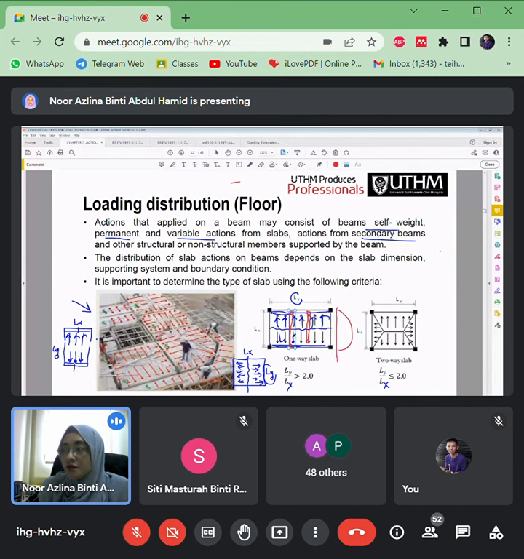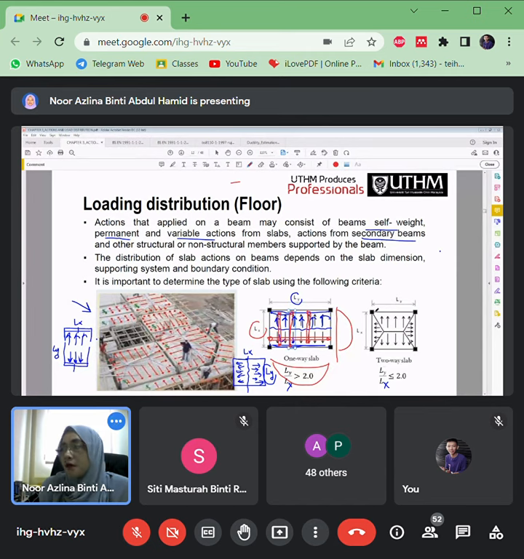If we put the reinforcement in this direction, there will be a large bending moment. So that's why we arrange the reinforcement along the shortest span.